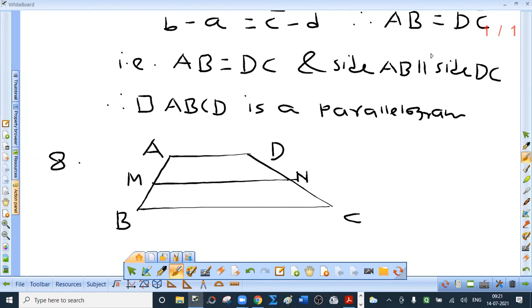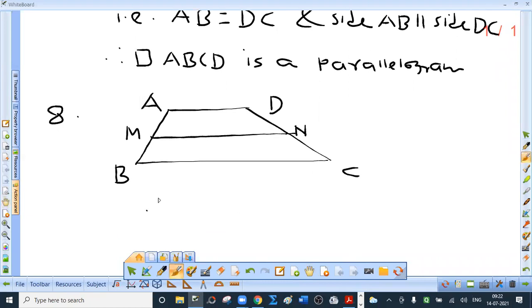Therefore, AD bar and BC bar are parallel, that is, collinear vectors. Therefore, AD bar is k BC bar. Why?